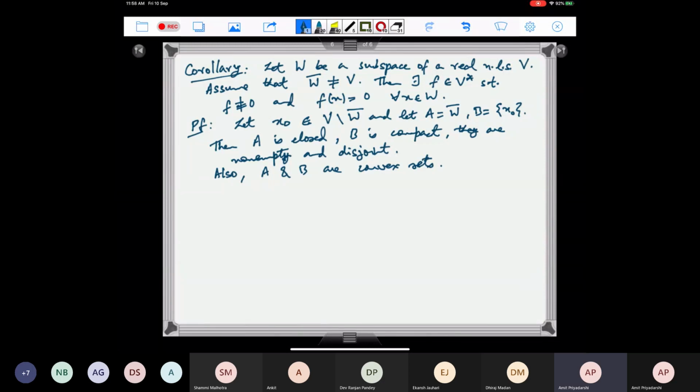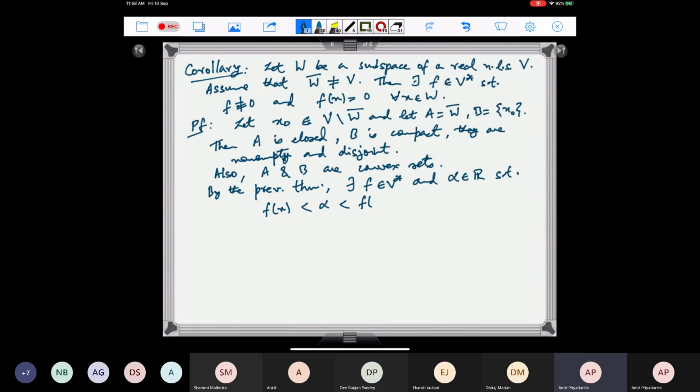So now we can apply the previous theorem. We get a closed set and a compact set, both convex, non-empty and disjoint, so we can separate them. Therefore, by the previous theorem, there exists f in V star and alpha in R such that f(x) is less than alpha, which is less than f(y).